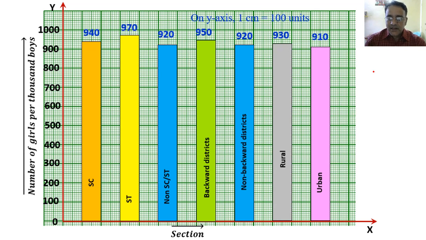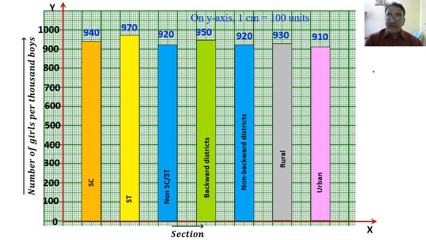Yes, sir. Okay, now in this the question was given: discuss what conclusion can be arrived at from the graph. So if you are observing any conclusion, if you want to interpret, you can interpret. My observation is that the number of girls is nearly the same, not exactly, because all are around 900s only.